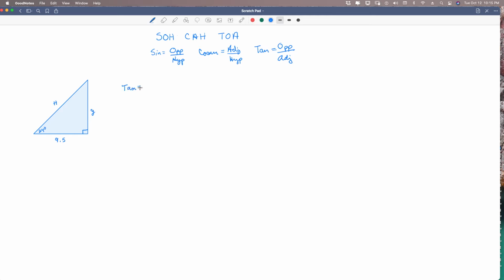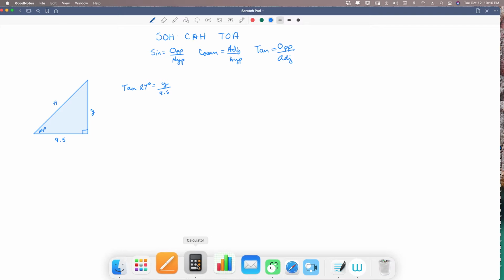I have a tangent of 24 degrees. Tangent says to use the opposite over the adjacent. So I can say y over 9.5, and I can undo this operation with an inverse. What I'll do is find the tangent of 24.